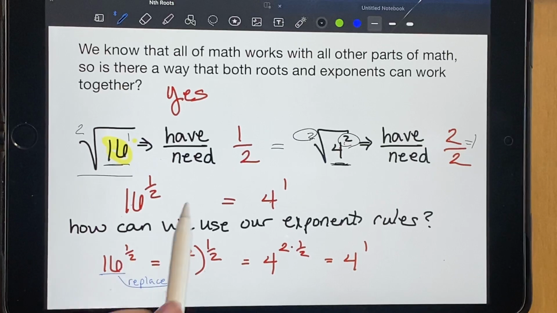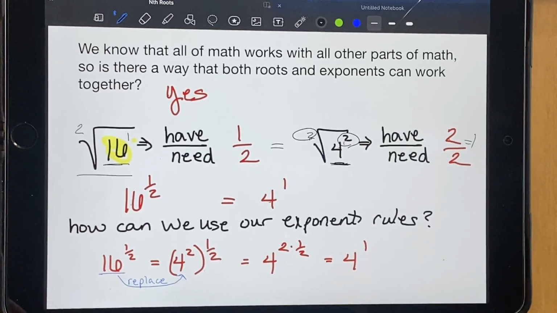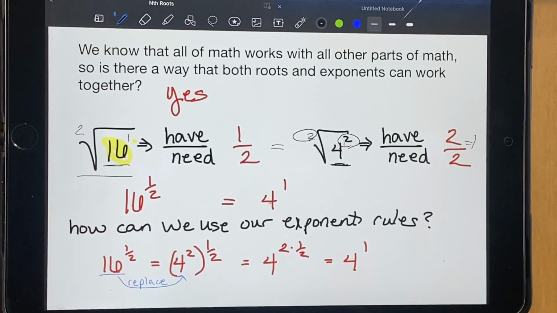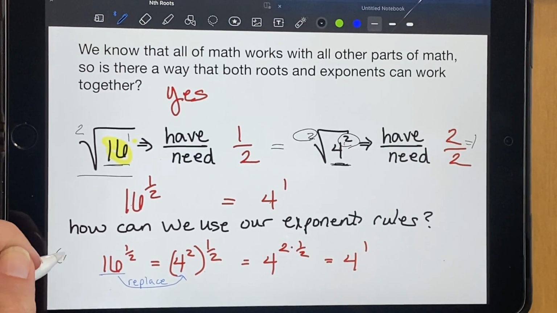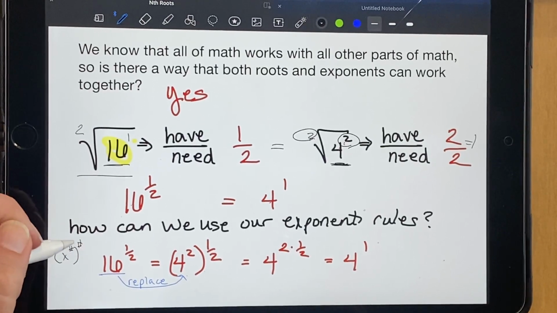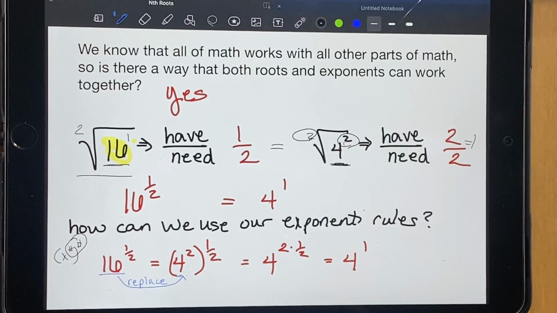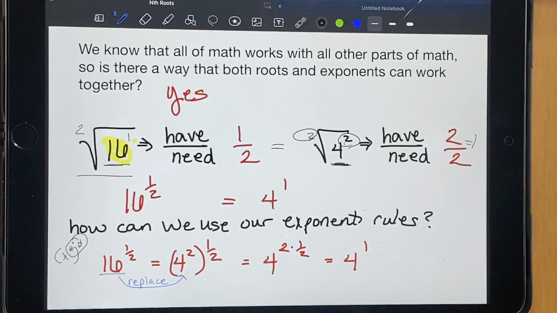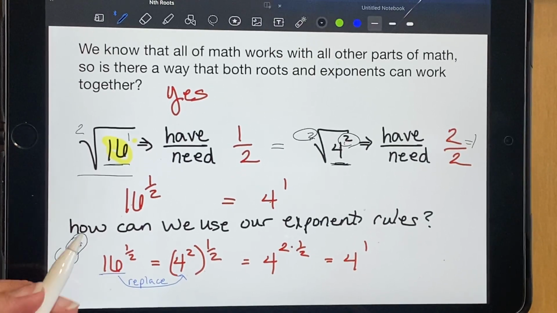So if they're equal, somehow we've got to show they are equal. So let's use some of our exponent rules that we know. We know that we've got that power to a power rule. So anytime I have a number with a power and I'm raising it to another power, I take these two things and I multiply them together. So if I can multiply, I can also divide, so I can back myself up.